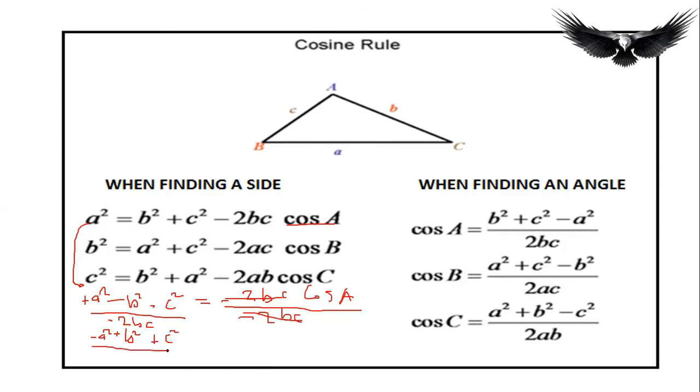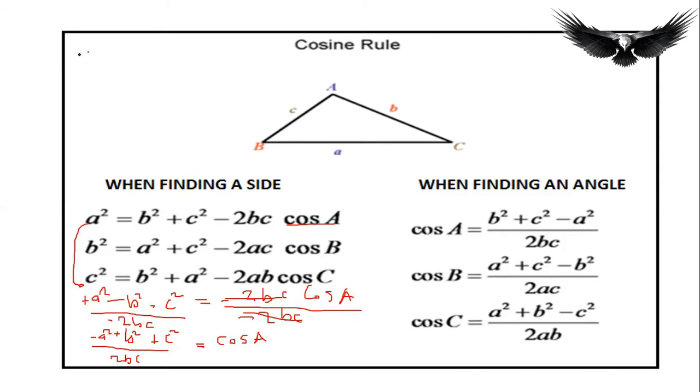So over 2bc, and this one should be equal to cos A. All right, cos A. Now let's write it from the top due to lack of space. We are not supposed to start with a negative, so we start with these ones first.